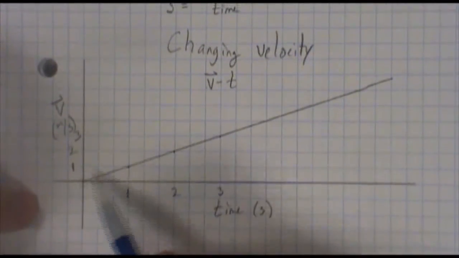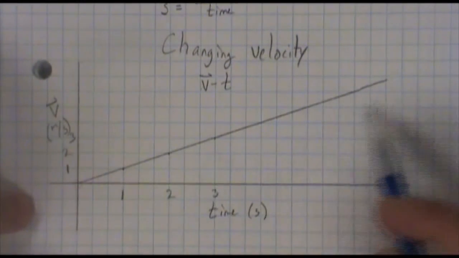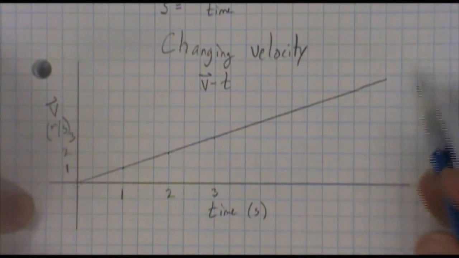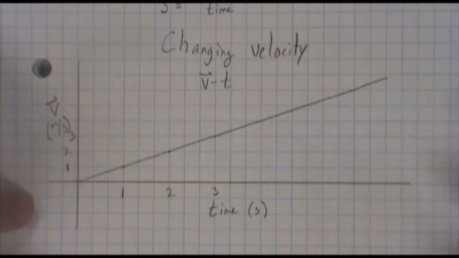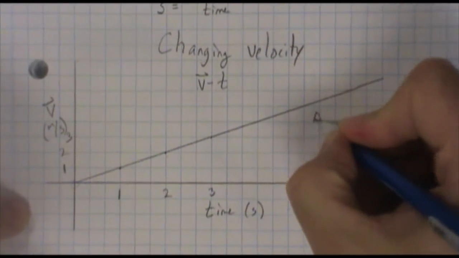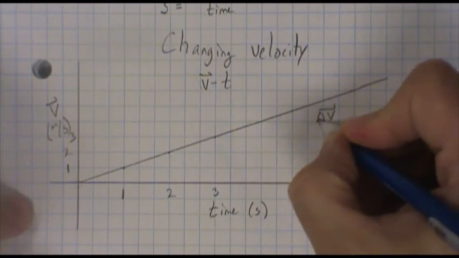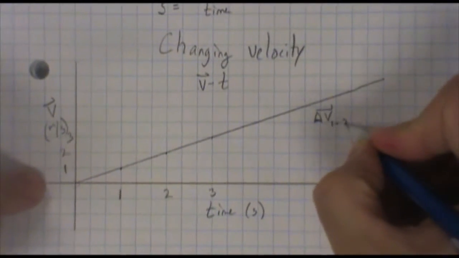This is not constant velocity. It's changing. However, it's linear. So just like in the previous case when we had a position versus time, we're going to look at changes. How does velocity change? What is the change in velocity between 2 points? Let's again go from 1 second to 2 seconds.